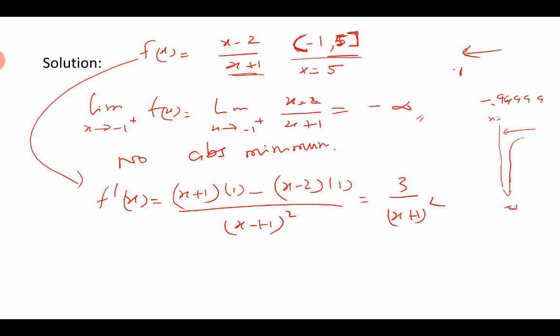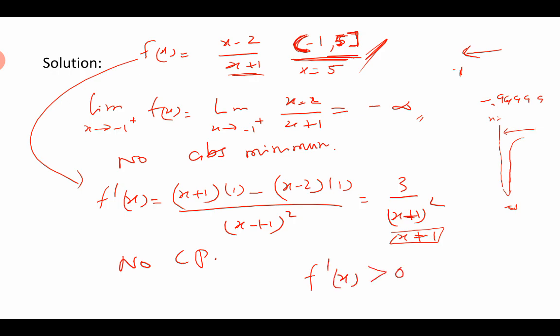Yes, it can be infinity when x is -1. But -1 is not included in the interval, so -1 cannot be the value of x. X not equal to -1. So the function cannot be infinity nor 0. So no critical point.